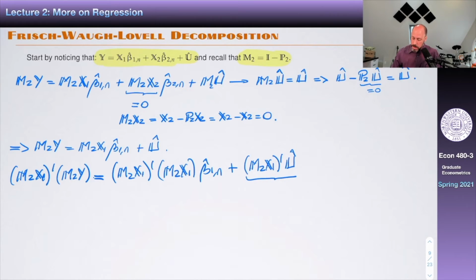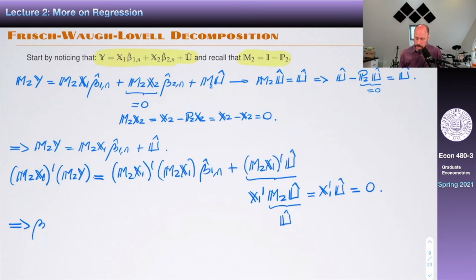This is just x1 prime M2 U hat. We just said above that M2 U hat just gives us U hat. So this is x1 prime times U hat. And we also said that the residuals are orthogonal to the covariates by construction. So that's exactly 0.